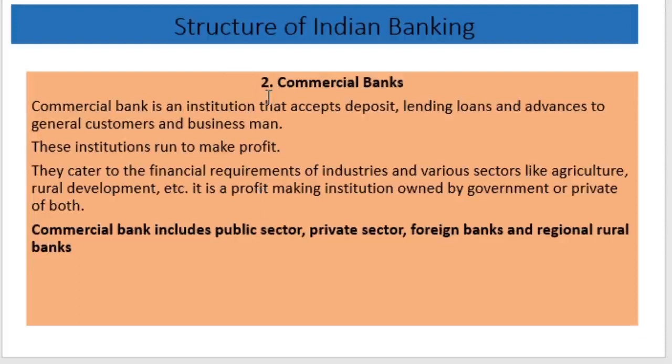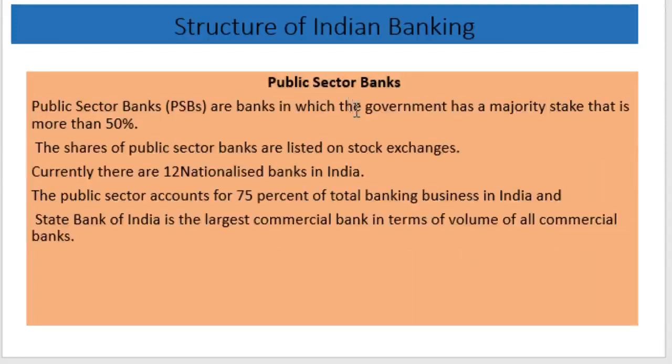So scheduled banks are divided into commercial banks and cooperative banks, and commercial banks include public sector banks, private sector banks, foreign banks and regional rural banks. The public sector banks are the banks in which the government has a majority stake of more than 50%. That is, in the case of public sector banks, more than 50% of the shareholdings will be with the government.